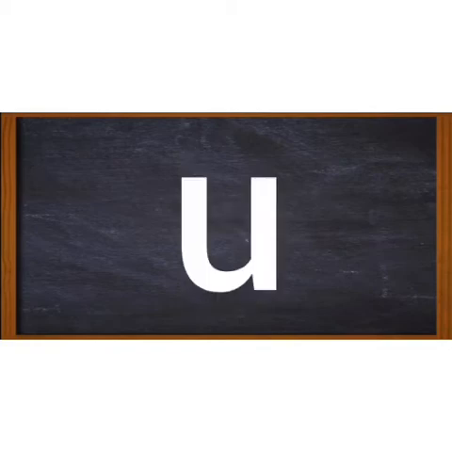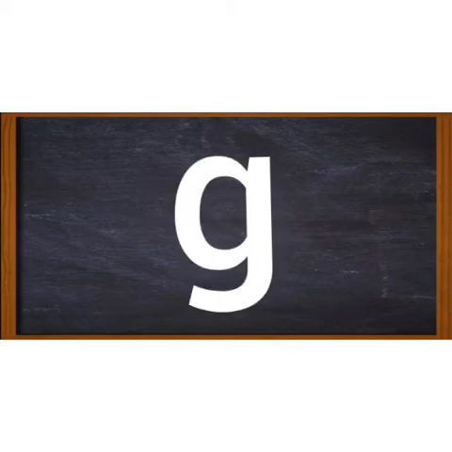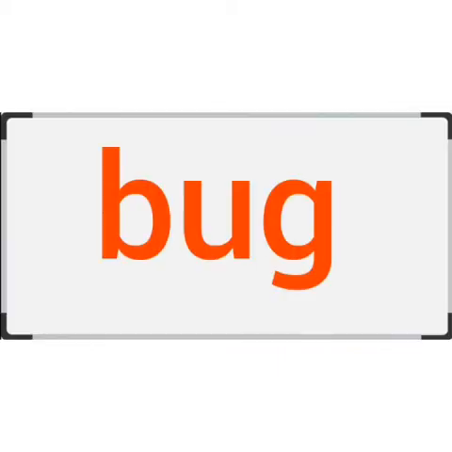The next number, the first letter is letter B, and letter B sounds B. The next one, u. The third one, G. Letter G sounds G. And then we have b, u, g.